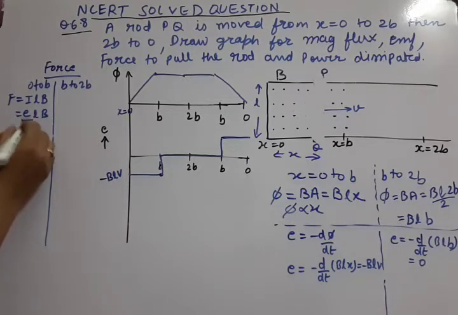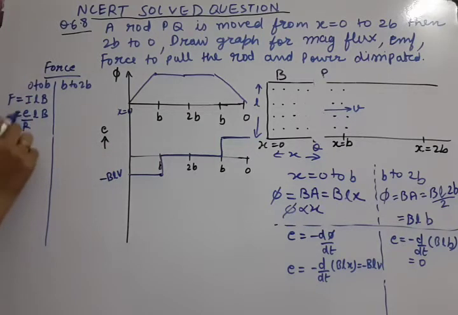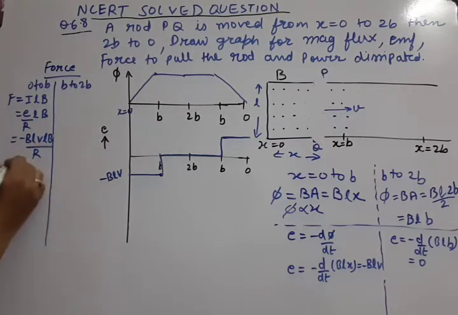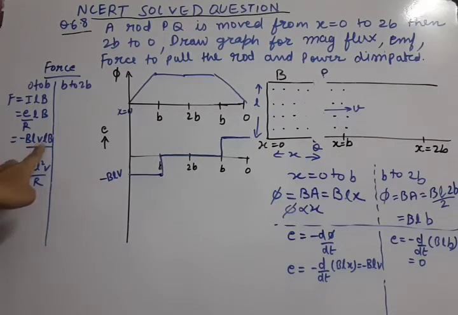The voltage is substituted separately for each case. The induced EMF came as minus BLv, so we substitute it here. LB is already there, so we get minus B square L square v by R.